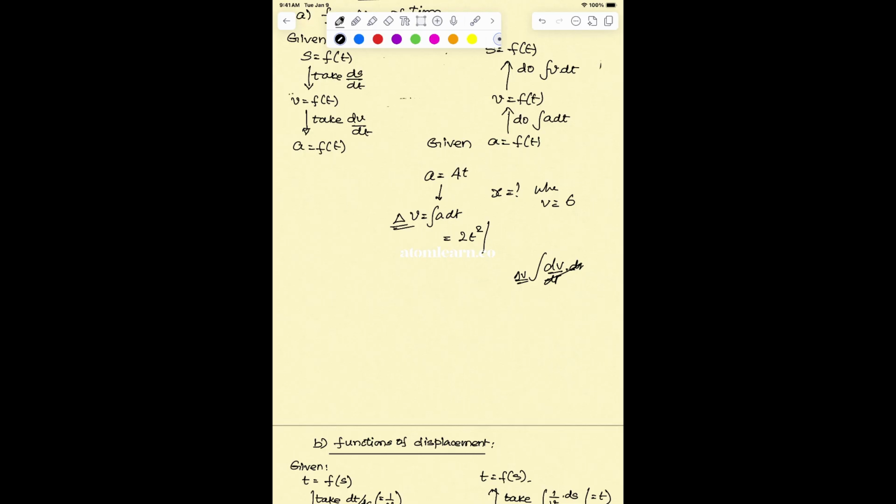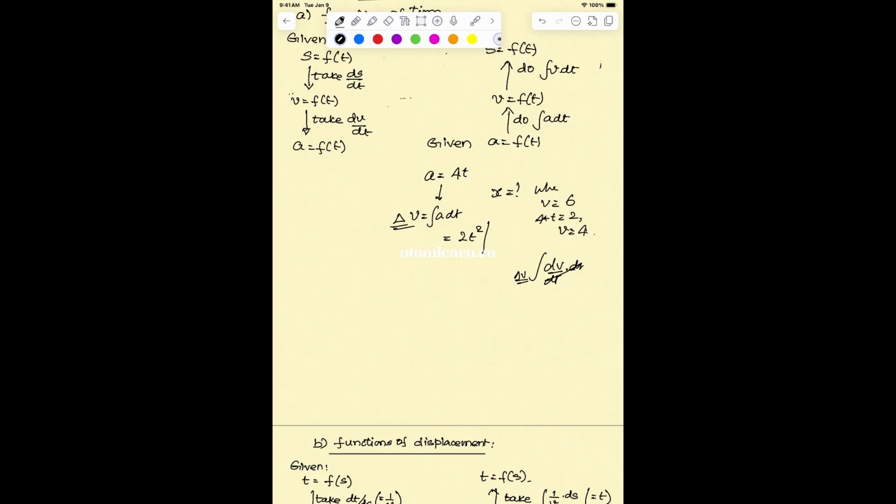Therefore, unless you know the initial velocity, you may not be able to find the velocity as a function of time. So you should be given some particular data. It can be the initial velocity, or it can be that at t equal to 2, velocity equal to 4.